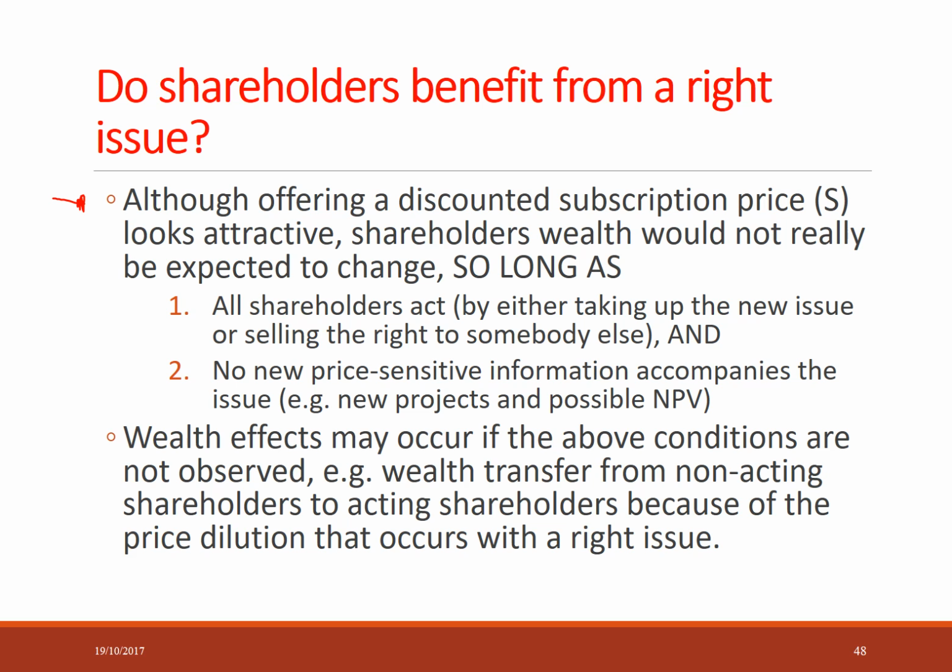The market shouldn't react because we have no additional information besides that we are issuing the rights. Effects may occur if the above conditions are not observed. For example, if some shareholders don't take up the rights, there will be a wealth transfer from shareholders that forego their rights to shareholders that take up the rights, because of the ownership dilution.